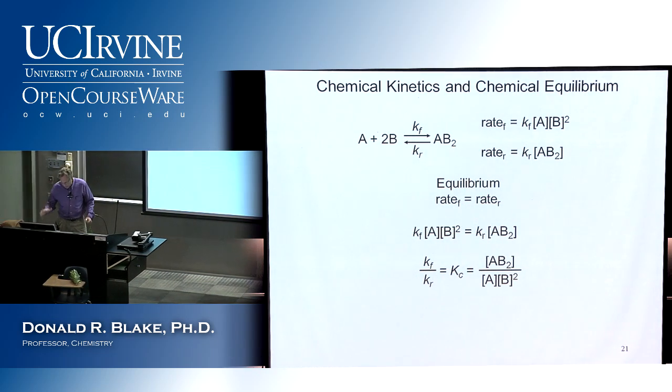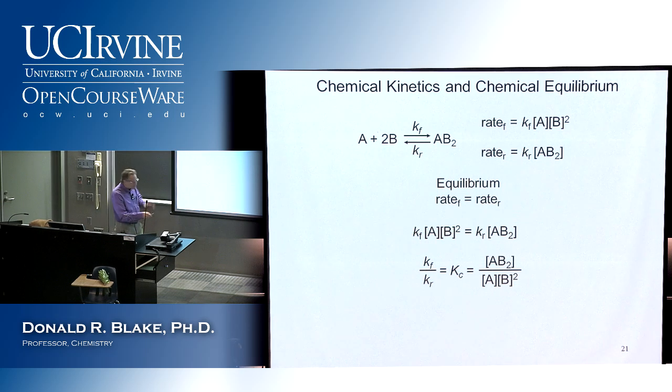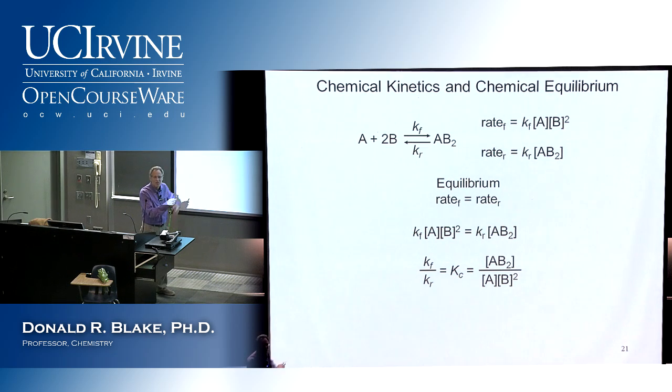Just a different way of looking at it. The main point is that this is just another way to derive that K sub C is equal to the concentration of the products over the reactants, with the exponents considered.